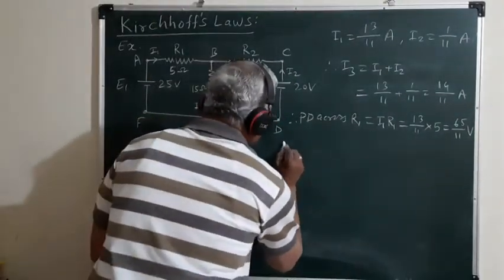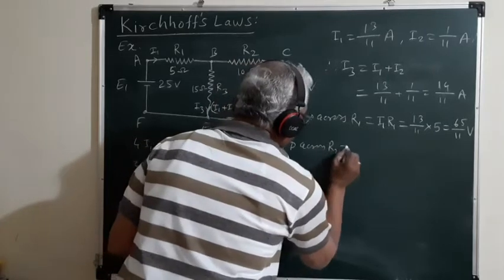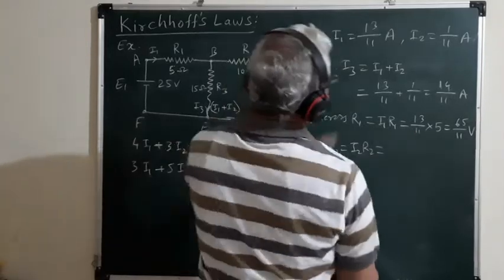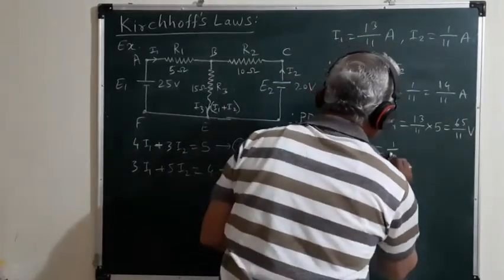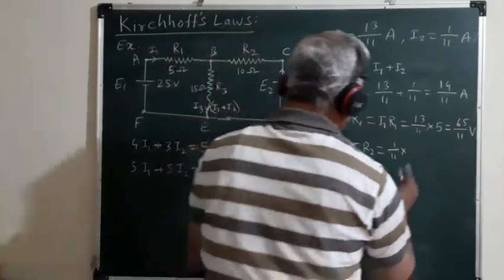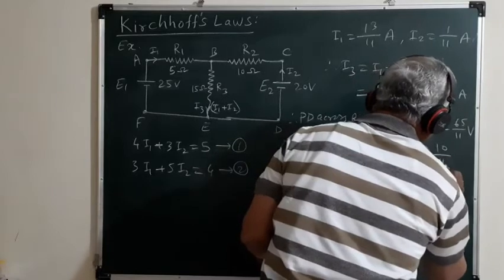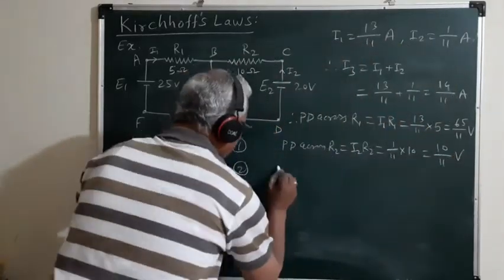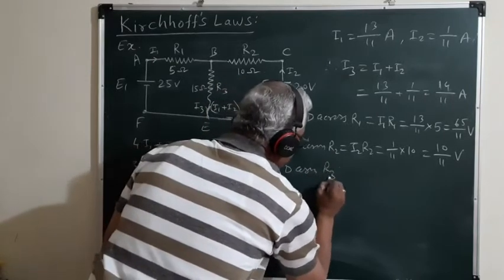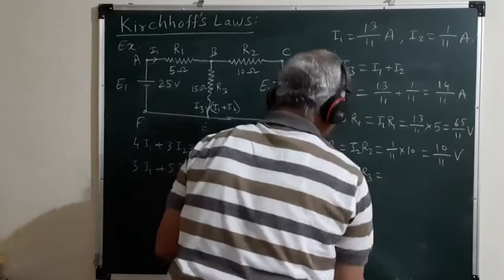Similarly, we can find out PD across R2, that is nothing but I2 R2. I2 is 1 by 11 multiplied by R2, which is 10 ohm. So this is equal to 10 by 11 volt. And PD across R3 is nothing but I3 R3.